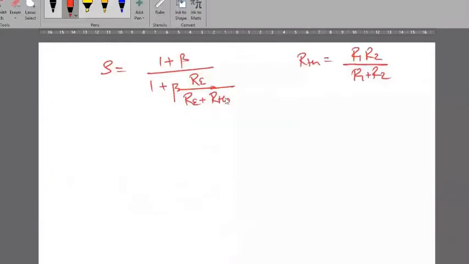For good stability, S should be 1. If S equals 1, in that case we can say the particular biasing is perfect.